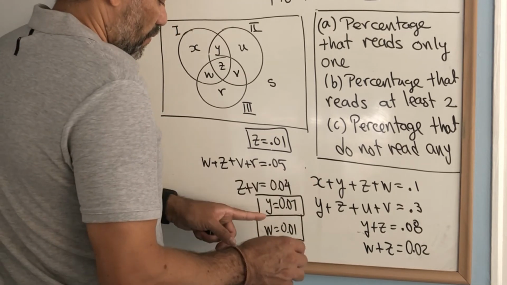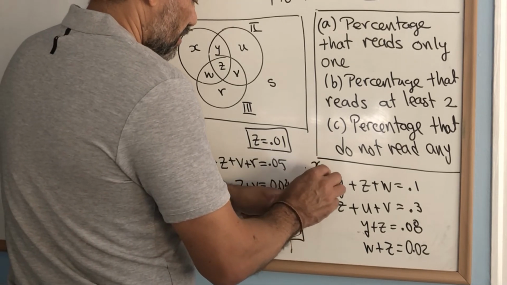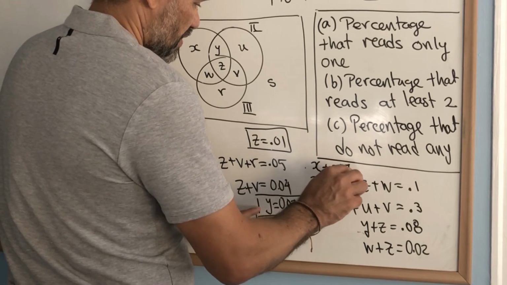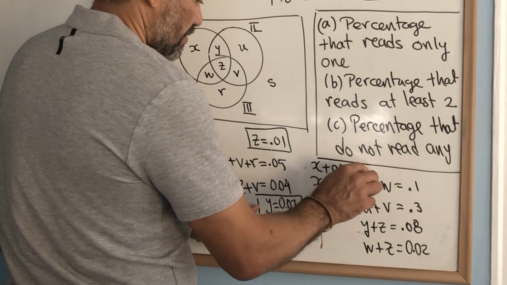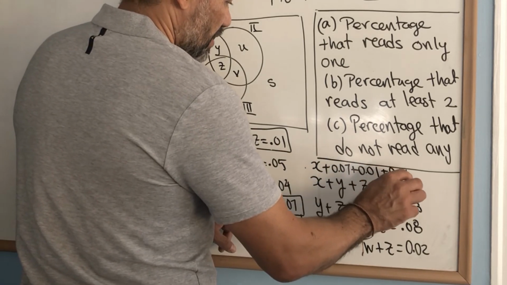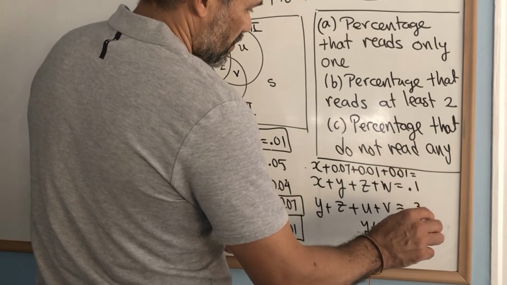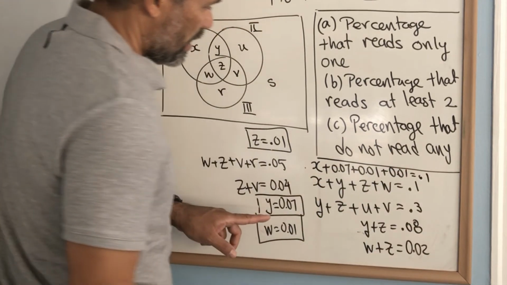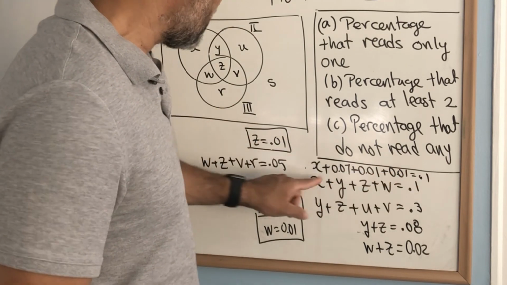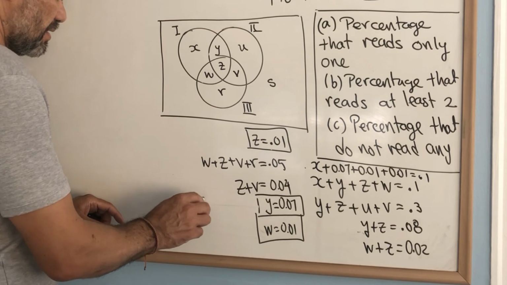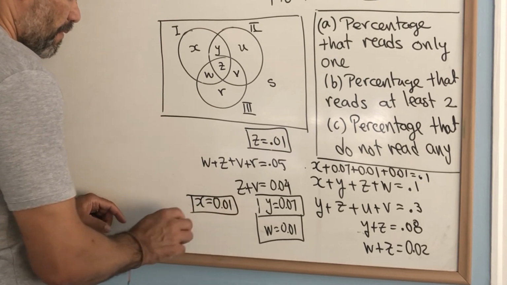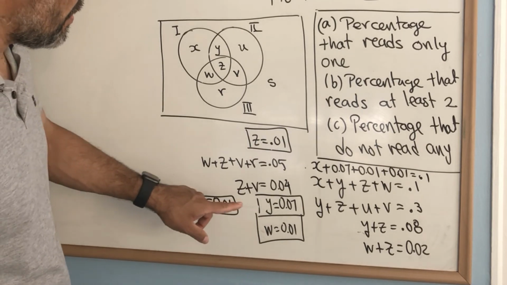From here we get that X plus Y, 0.07, plus C, which is 0.01, plus W, which is 0.01, is equal to 0.1. And then that means this is 0.09. That means that X is 0.01.